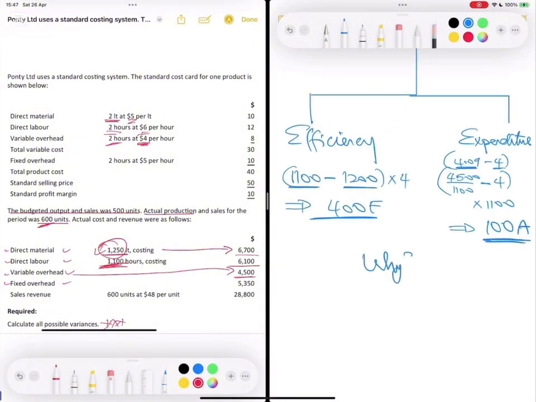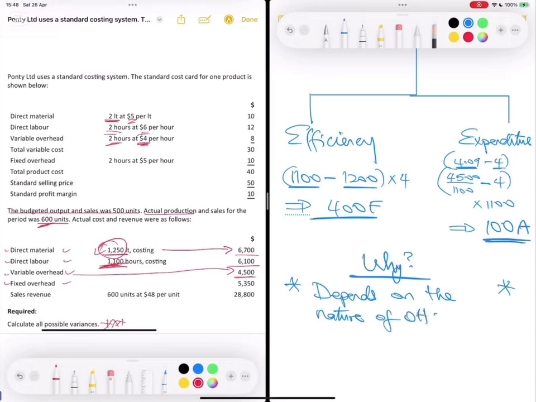Why, just like the others, do we have different amounts of overheads? This one is not like the others where you say quality of labor. Remember, it's overheads, it's not labor or material. So this one just depends on the nature of the overheads, because variable overhead can be anything.